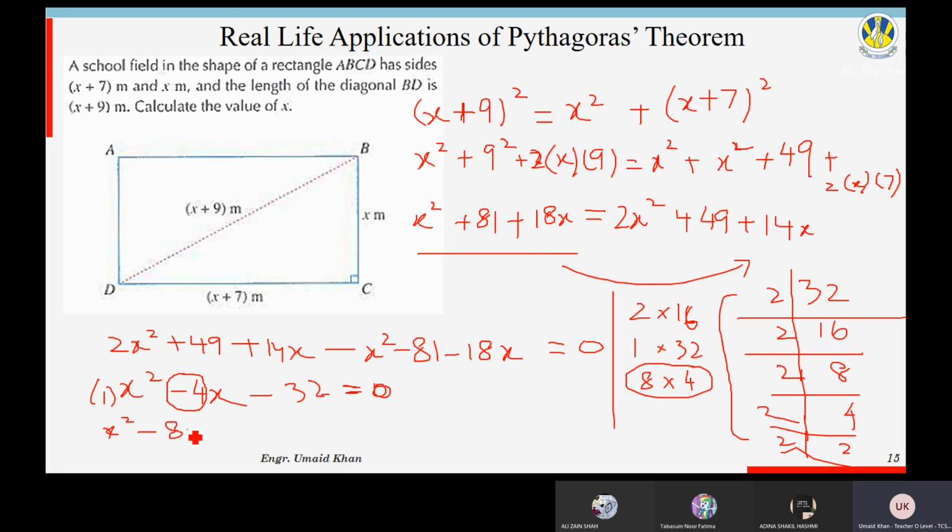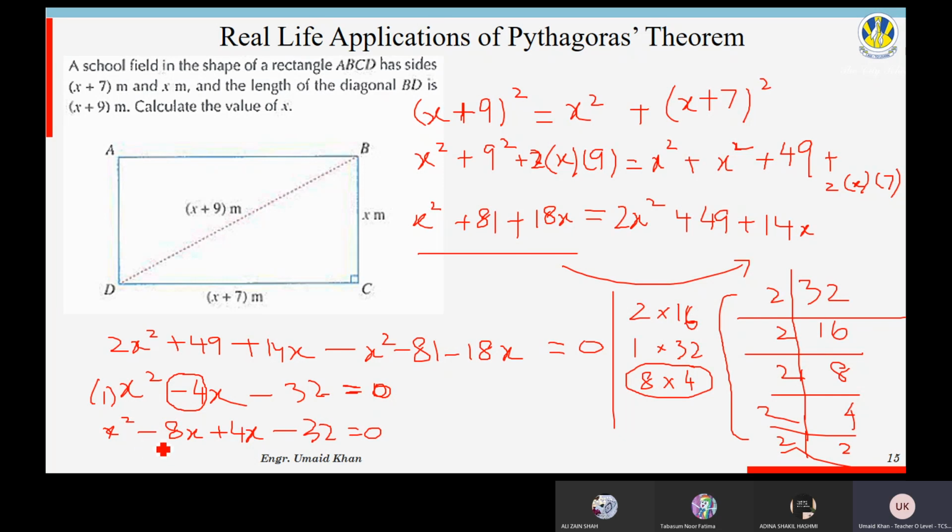So x square minus 8x plus 4x will be the answer, and minus 32 will remain as it is. This is how you will write minus 4x as minus 8x plus 4x. In order to cross check, you multiply minus 8 with plus 4, you will get minus 32, which is the answer when you multiply minus 32 with 1.